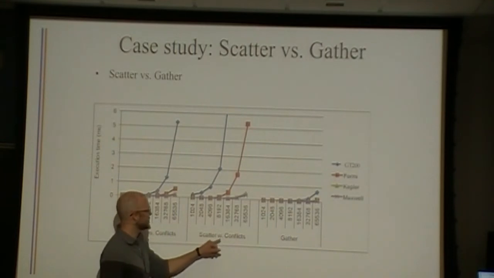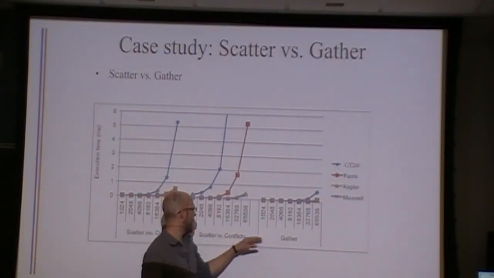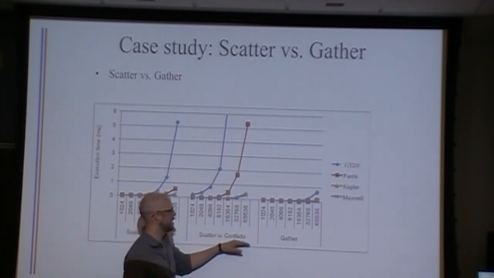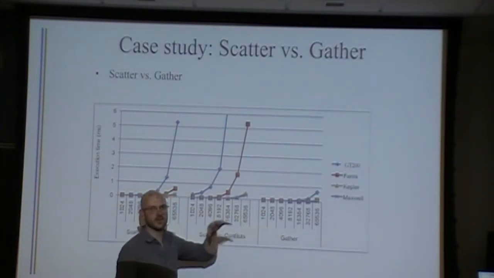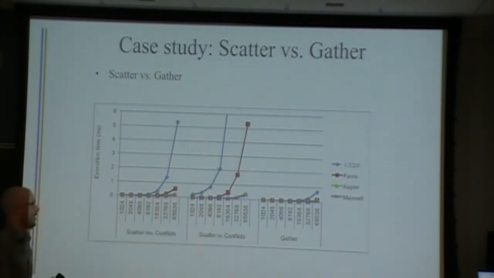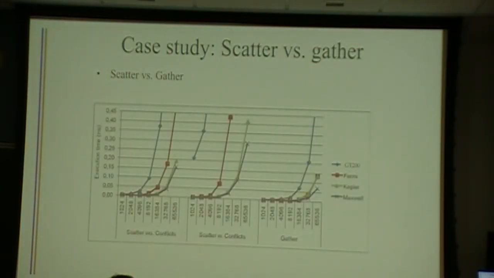Interestingly, the scatter approach in Kepler and Maxwell, using atomics, this really easy approach, is now as good as all the work that you did to go through the gather approach on the old GPUs. So NVIDIA is working for us a little bit here, making some of these really important operations faster.